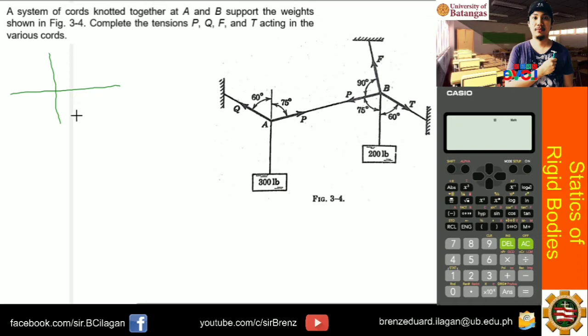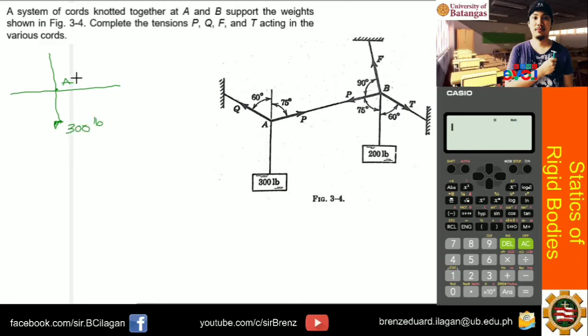So eto, I will name this as my point A. Okay, so again, unahin natin yung 300 pounds. So meron ka dito 300 pound which is acting, again, weight yan. Lagi siyang pababa, vertically downward. So that is 300 pound.